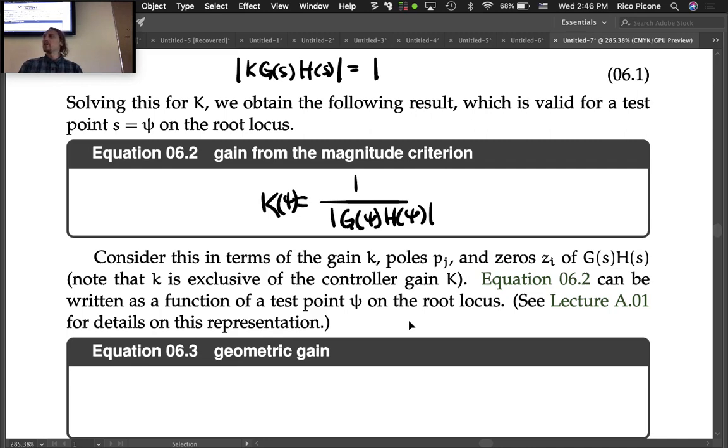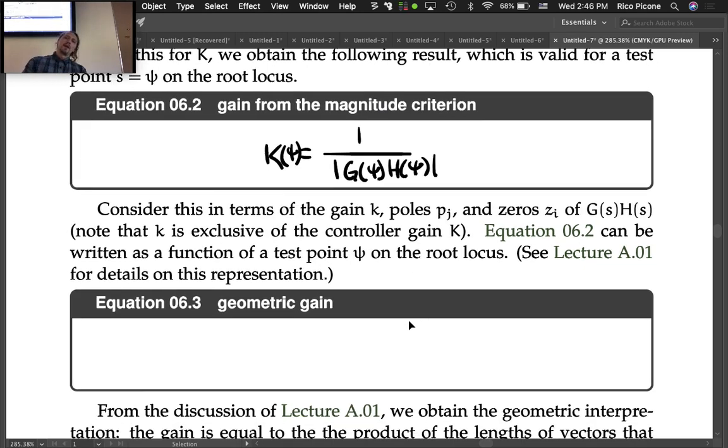Analytic expression, and very precise. But we can also look at this in another way that can allow for a sort of geometric, paper-and-pencil, by-hand way of calculating the gain.